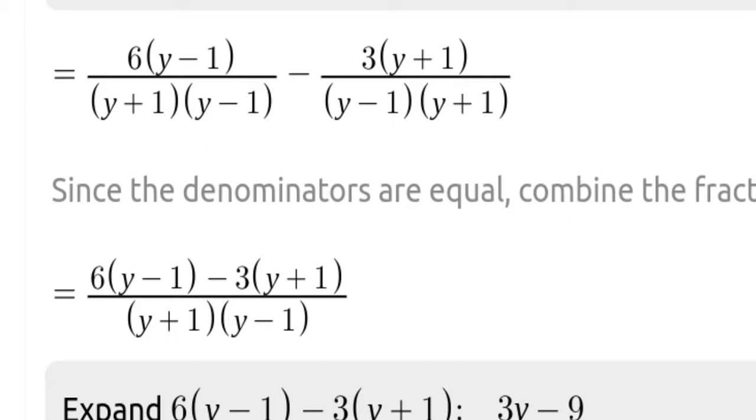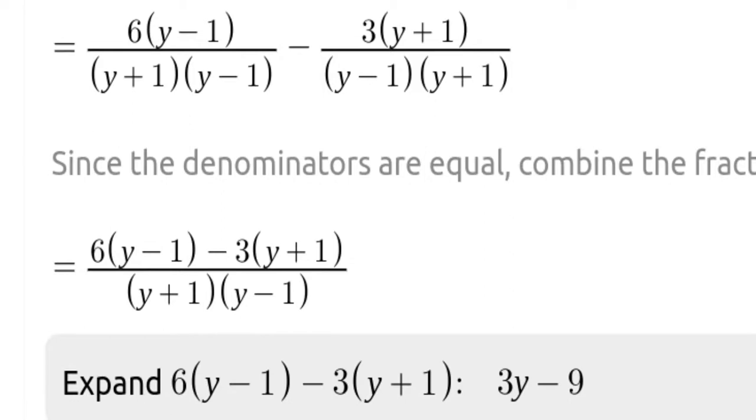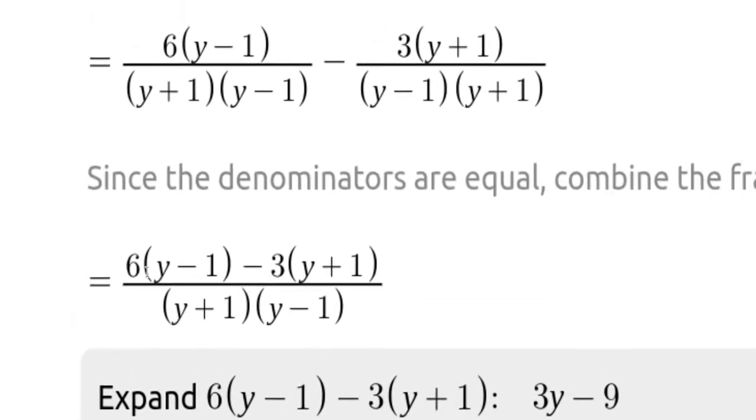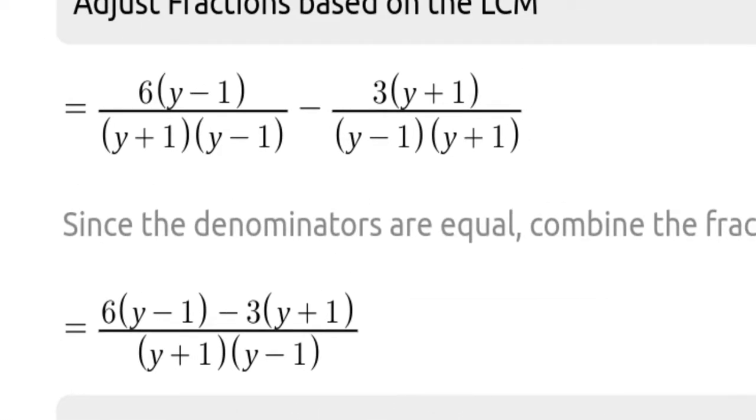I haven't heard from George. All right, so expand the numerator for me, George. So, I think everyone's going to multiply 6 by y, which is equal to 6y, and 6 by minus 1, which is equal to minus 6.